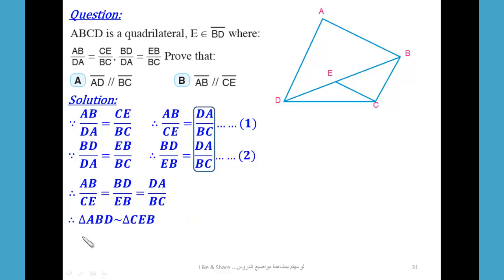Then for the two triangles, we write them in the same arrangement, in the same order. Then triangle ABD is similar to triangle CEB.